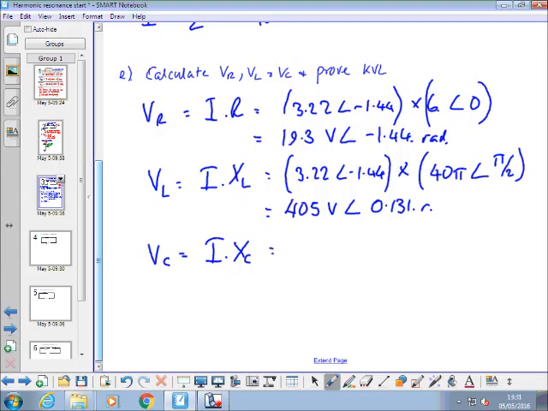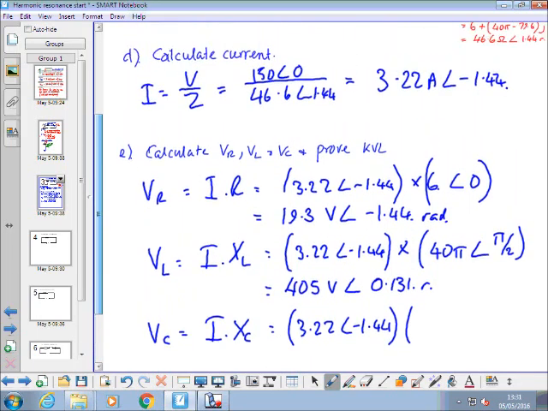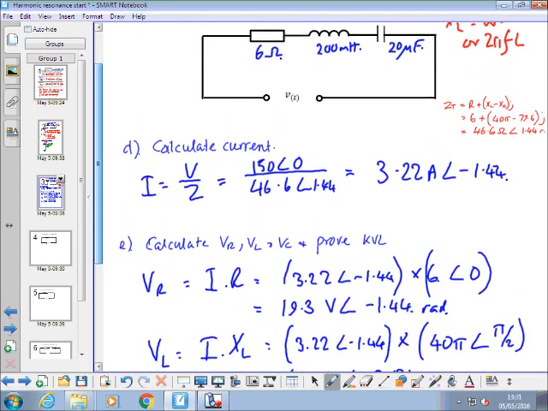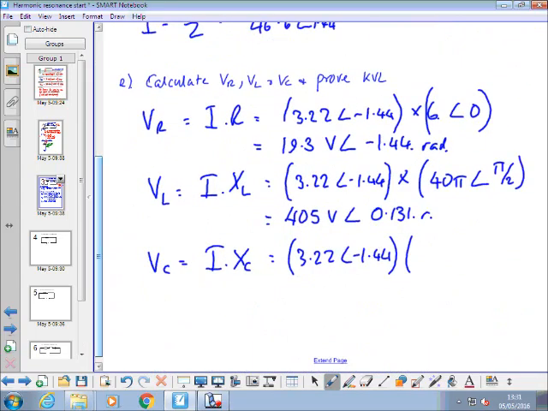VC is I times XC. 3.22 angle minus 1.44 times 79.6 angle minus 90, which is minus pi over 2.